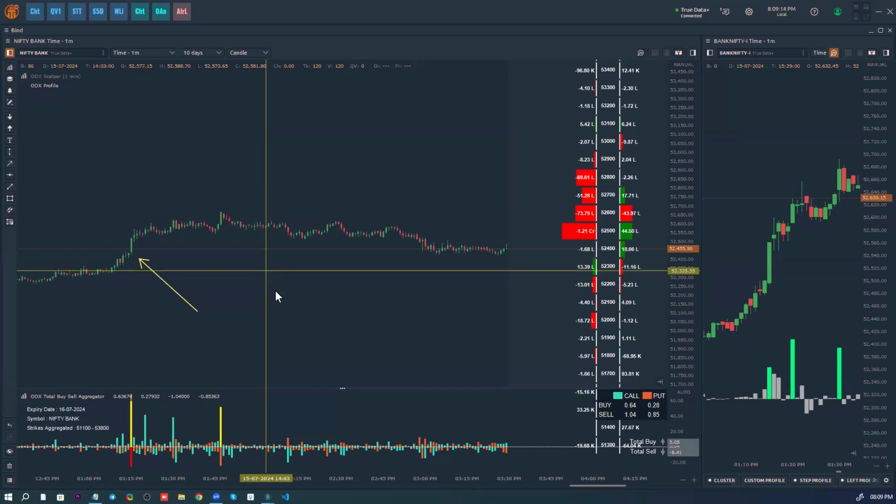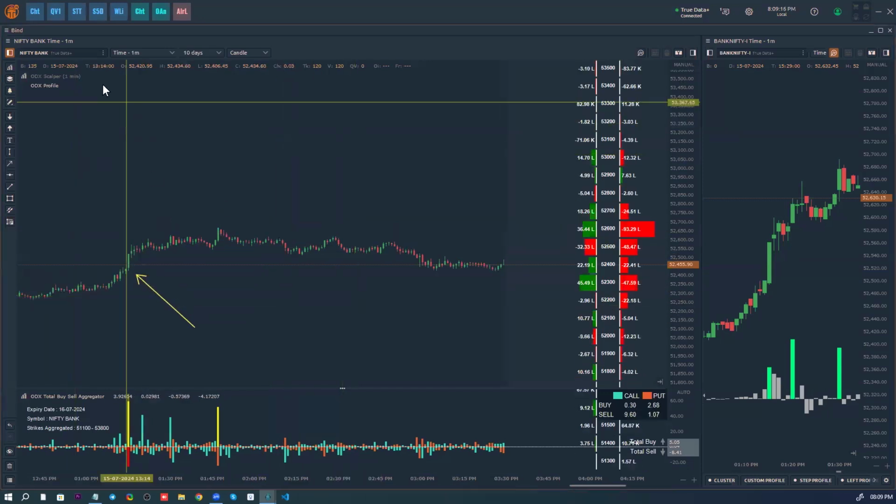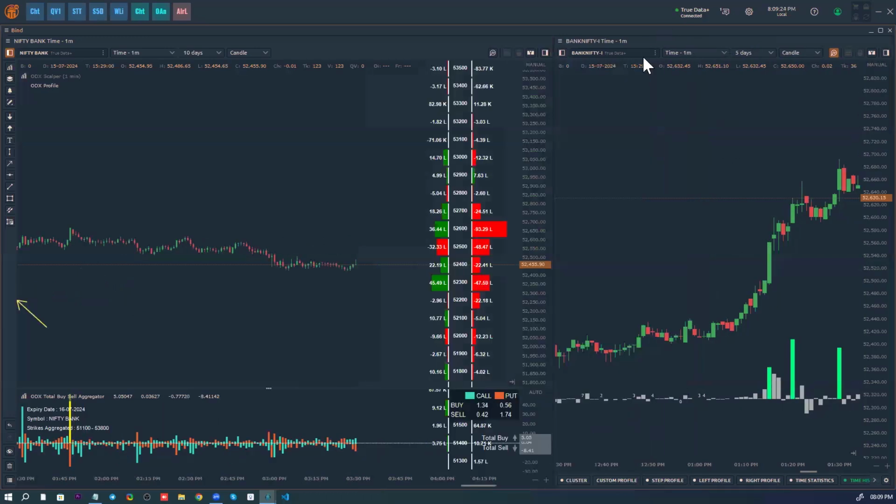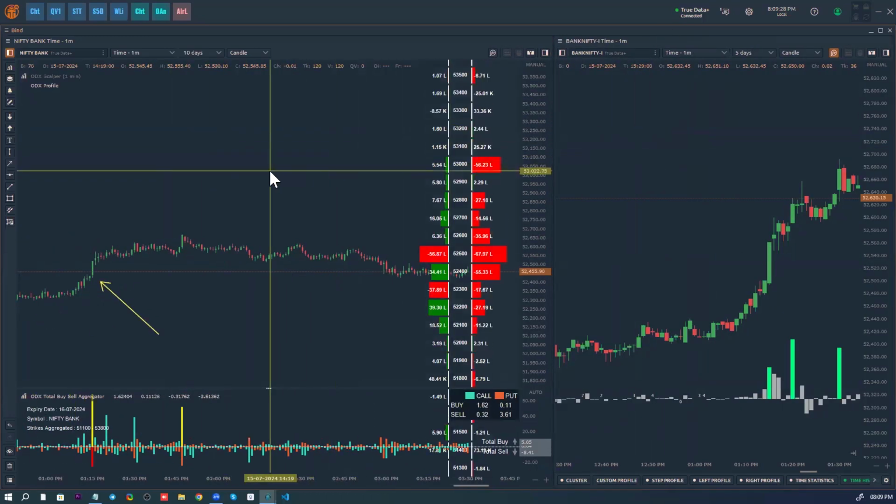All right, so I have Bank Nifty here, and you can see I have applied a 1 minute time frame. Similarly, I have Bank Nifty futures here. As I said before, I try to look at the data in a synced format. That means I want to check the data in the options, but I also want to check what is happening in the futures.